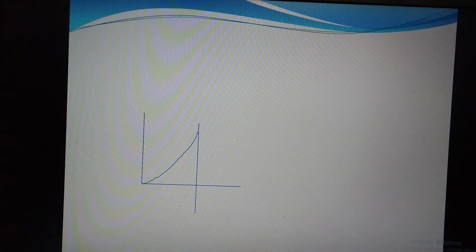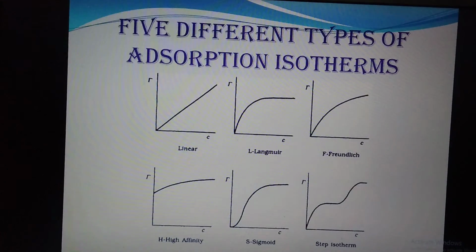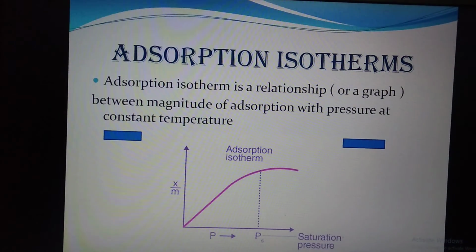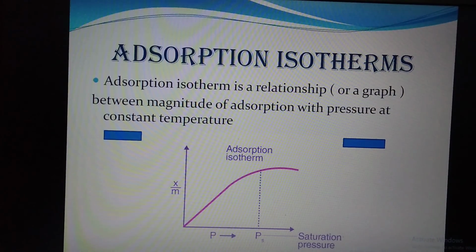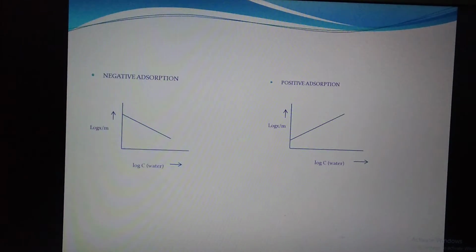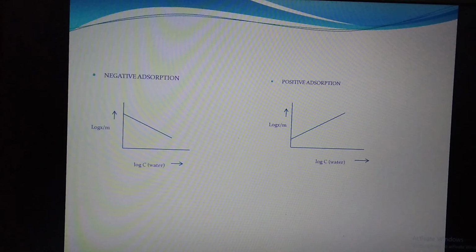So it will increase with increase in pressure. We have seen different types of graphs. These are all because different types of gases and different types of adsorbent layers are there in our day-to-day life. So they change with changes in temperature and adsorbent.